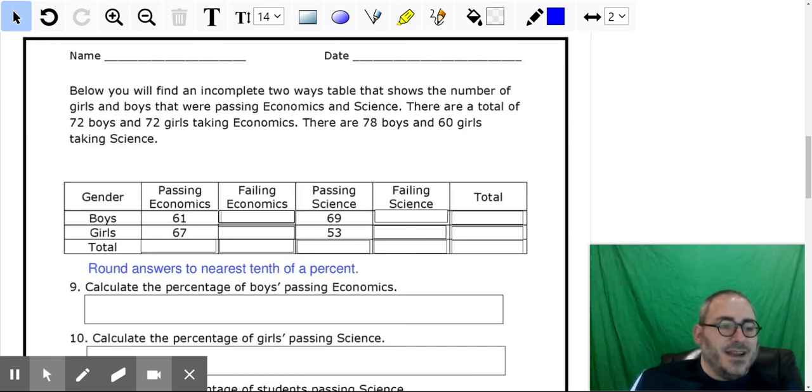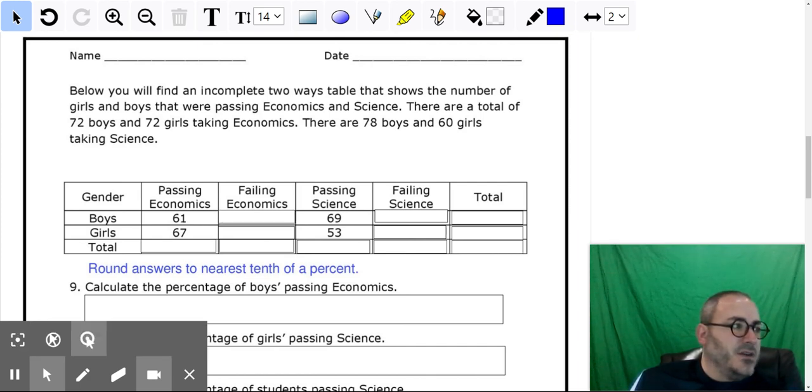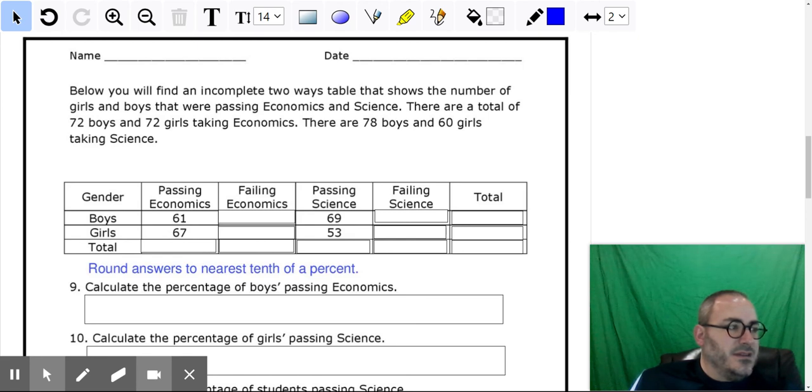Then I could find out how many are failing economics with a little calculation, right? I know that there's 72 total boys taking economics. That's that first clue. I see that there's 61 boys passing economics. So 72 minus 61, the difference between these two numbers, is going to be the number of boys failing economics. So that's 11. 11 boys are failing economics.